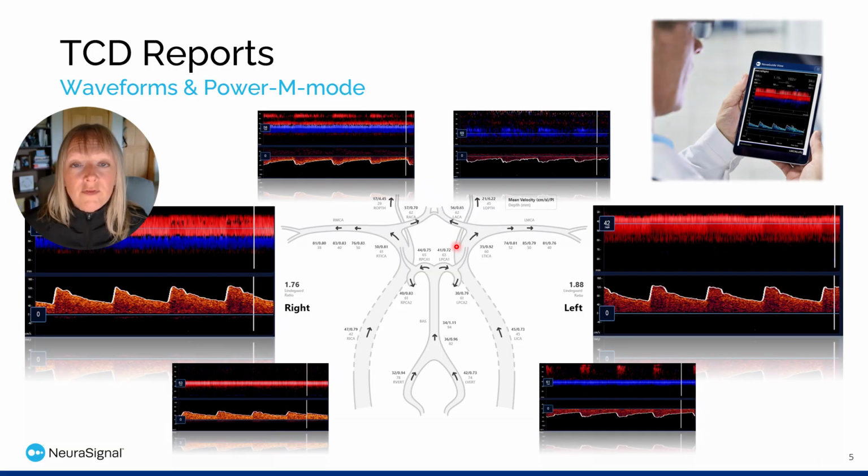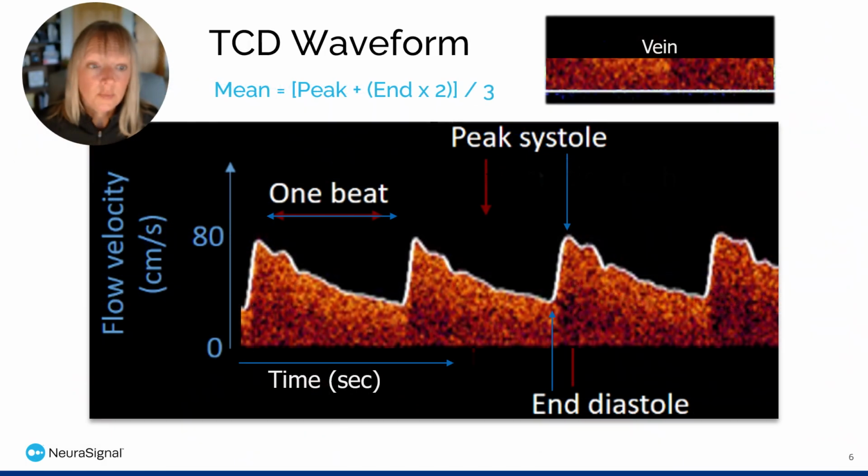We'll have high-quality waveforms that show the M mode display we just reviewed, and the spectrogram for each of these vessels. You'll be able to select each arrow and see the image that was taken at each of these snapshots. The system will analyze the time average mean maximum velocity for us.